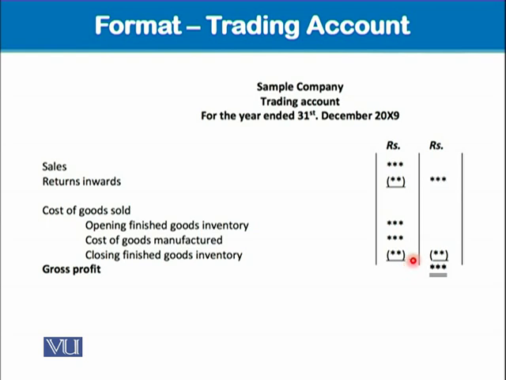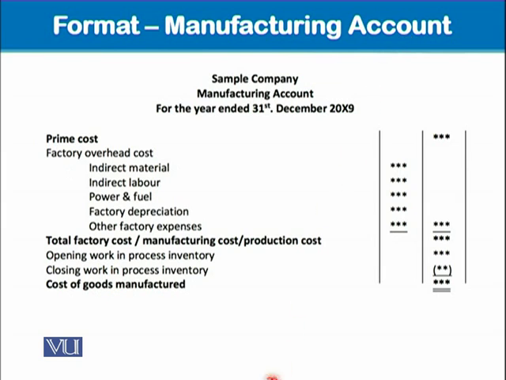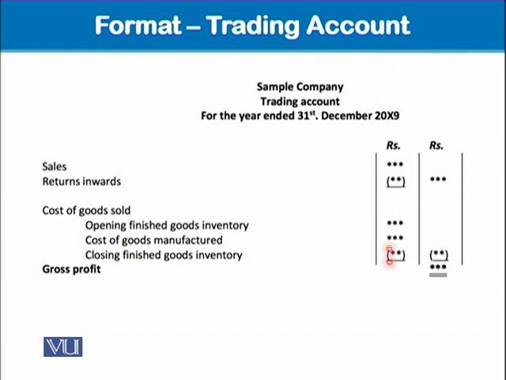We will do this working, and ultimately we get the cost of goods sold figure, which will be subtracted from the sales amount, and we will get gross profit. This is the outcome of the trading account. The cost of goods manufactured was the outcome of the manufacturing account. Gross profit is the outcome of the trading account.